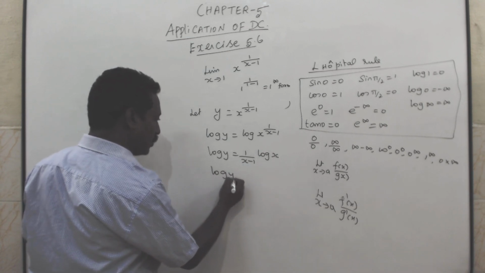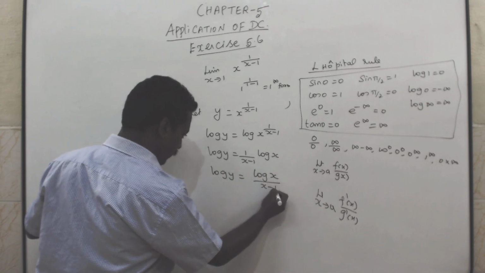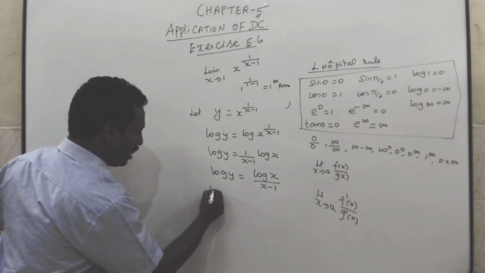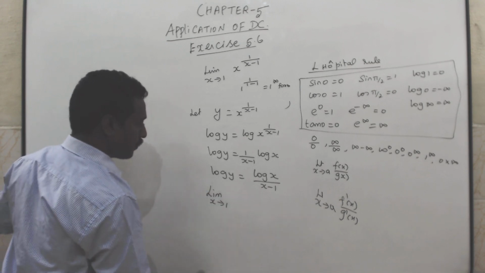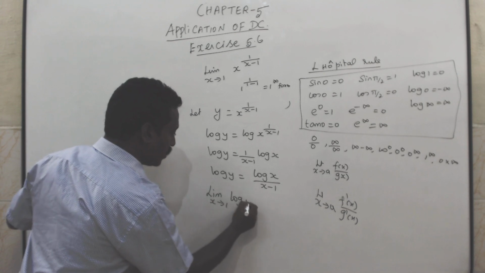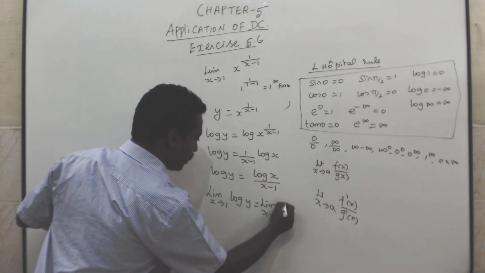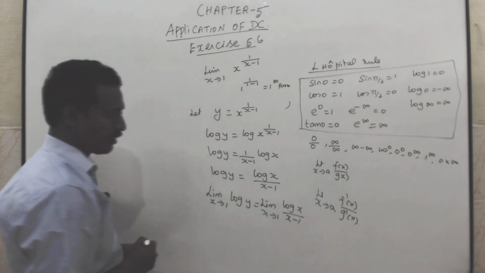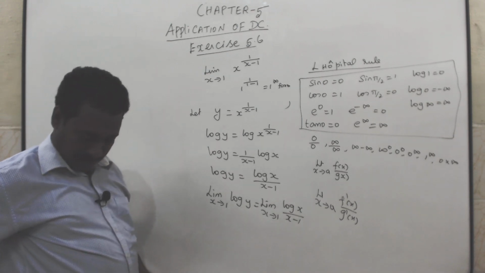Log y equals log x by x minus 1. Now apply the limits. Limit x tends to 1, log y equals limit x tends to 1, log x by x minus 1.